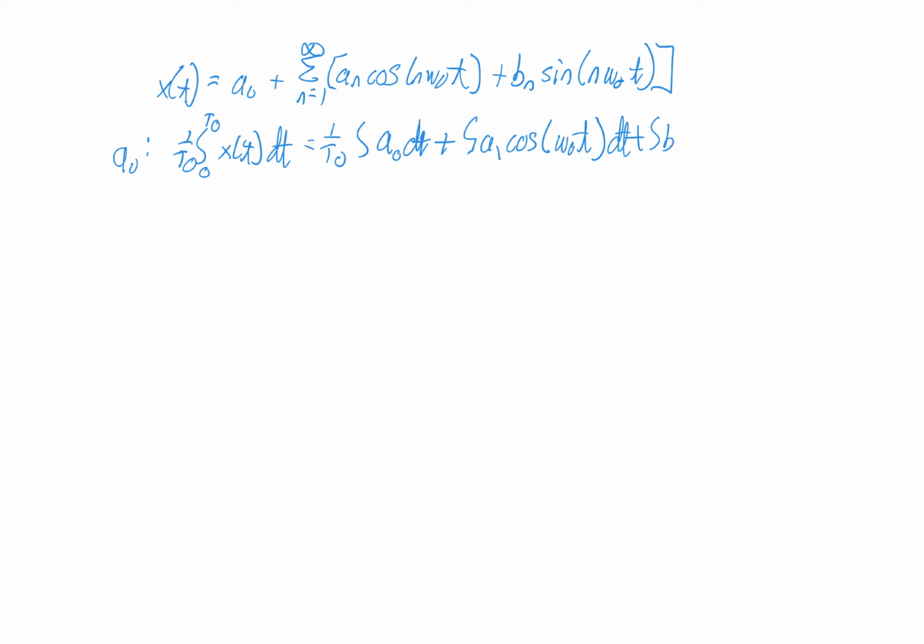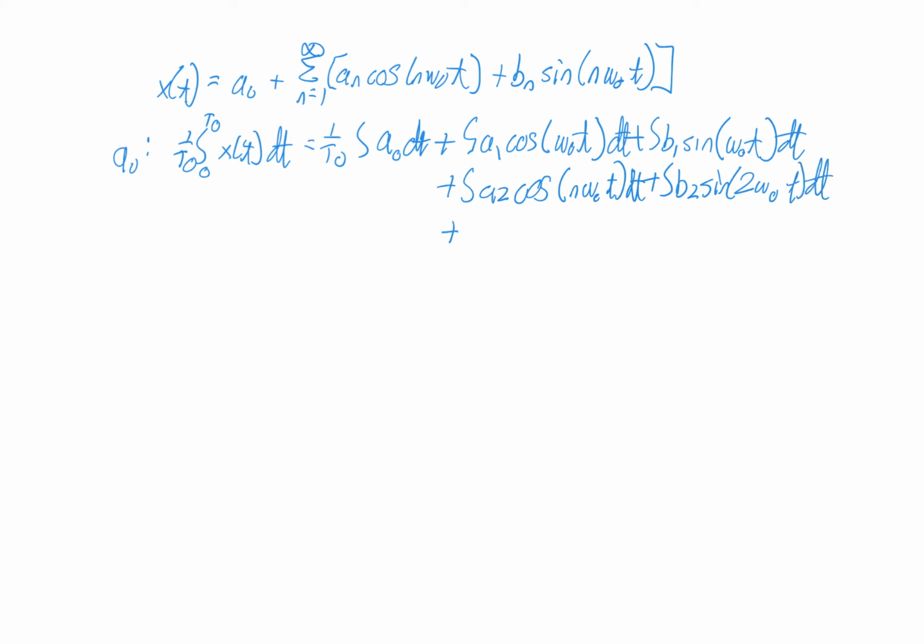So integral of b1 sine, n equals 1, so omega naught t dt, and we keep going. So we have integral of a2 cosine. Now we have the frequency n omega naught. And for b2, we have the frequency 2 omega naught again, because n is 2 here. And this series will go on infinitely long as long as the a's and the b's are not 0.